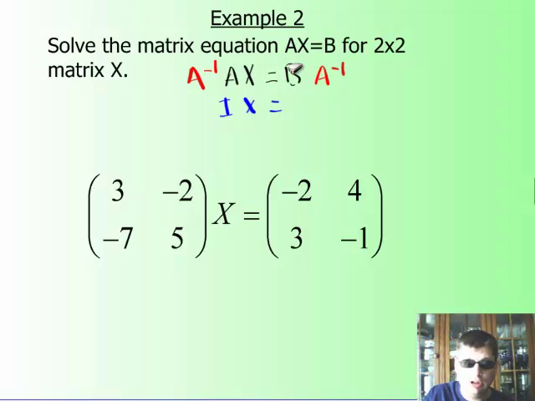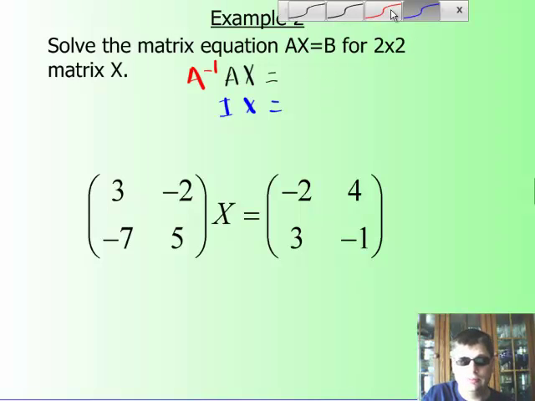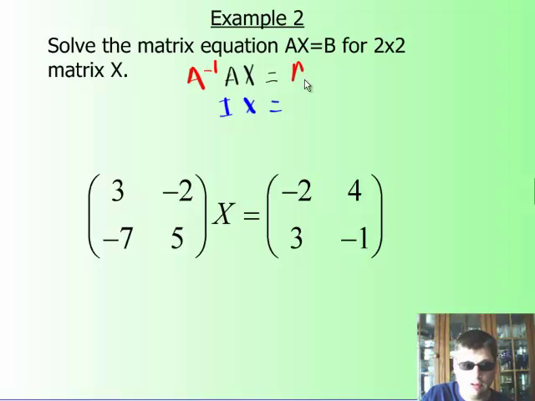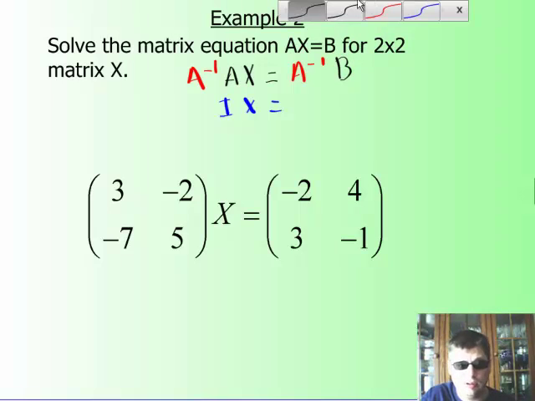So really, I can't put my inverse in the back. I have to put my inverse in the front. So in fact, it's going to be the inverse of A times matrix B. Otherwise, you're not going to get the correct solution.